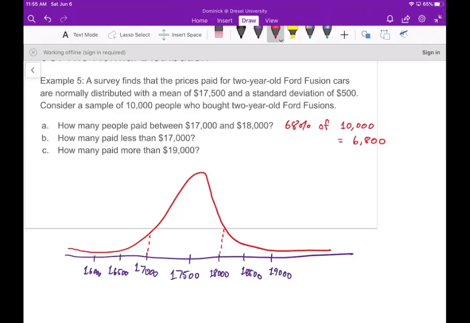Okay. Now, on the next one, we want to know how many people paid less than 17,000. So for paying less than 17,000, we want this region right here, right?